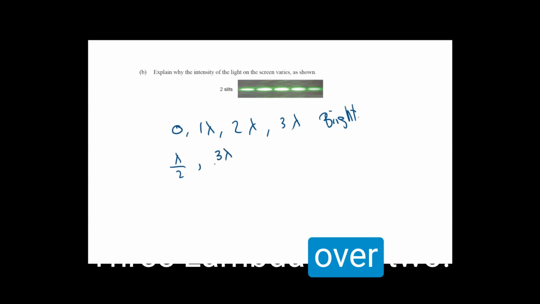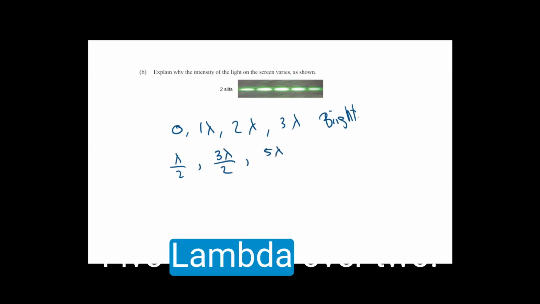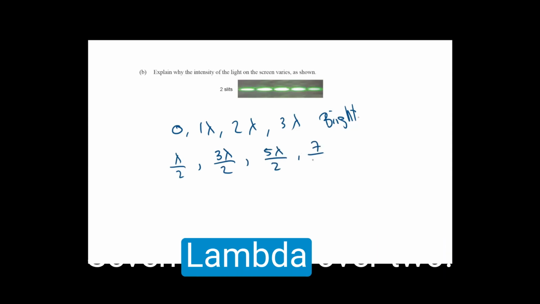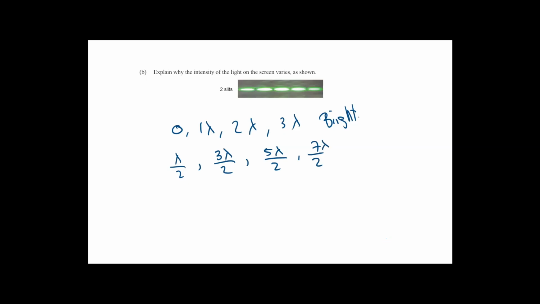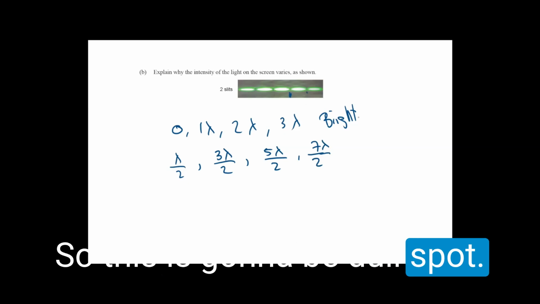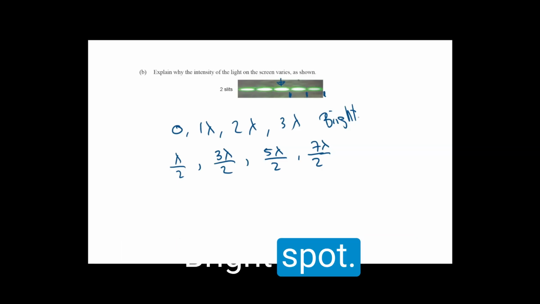Yeah, 3 lambda over 2. This is from memory. 1, 3, 5 lambda over 2, 7 lambda over 2. So this is going to be dull spot, dull spot, dull spot, bright spot, bright spot, bright spot.